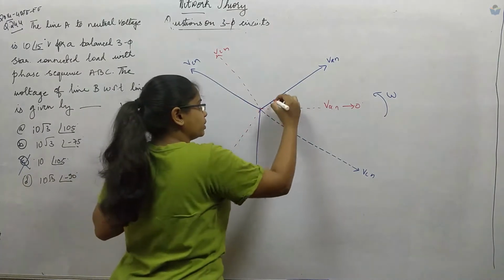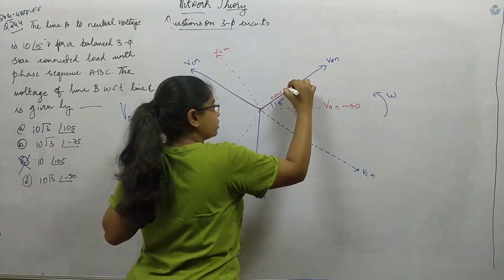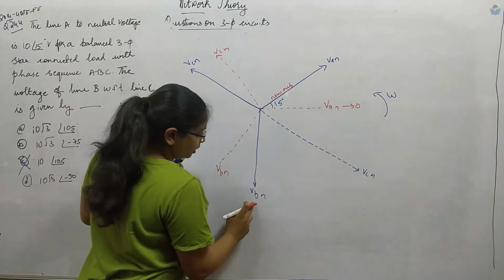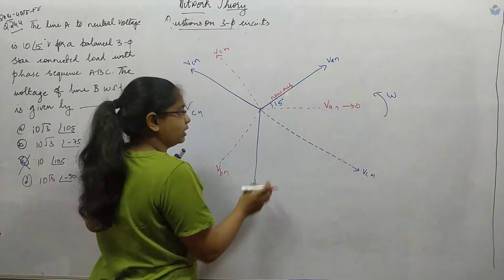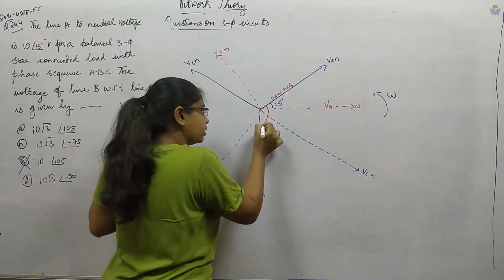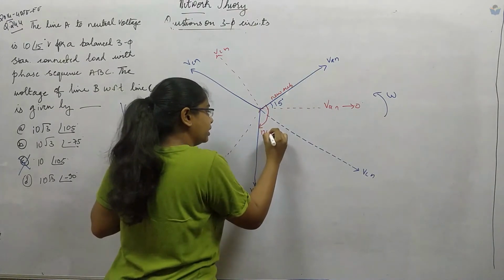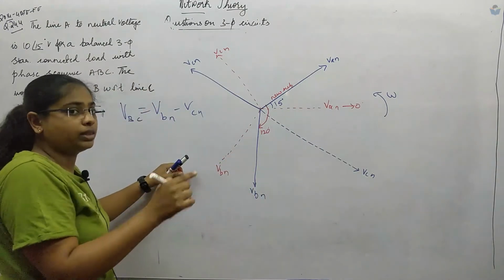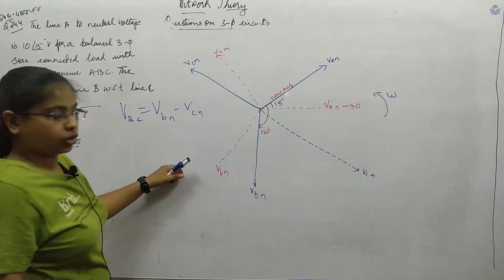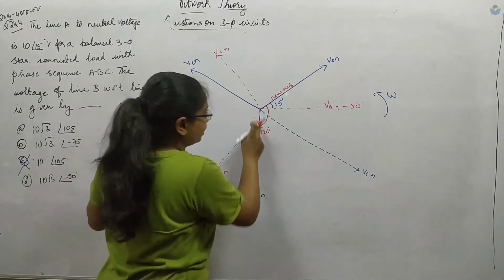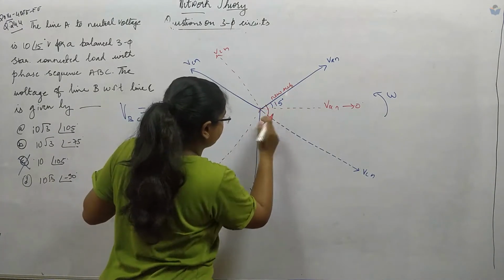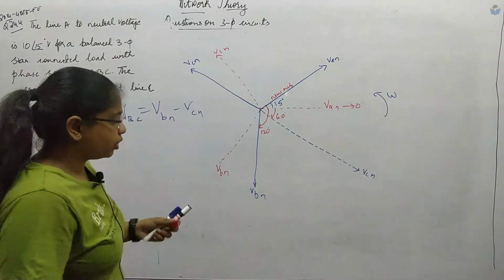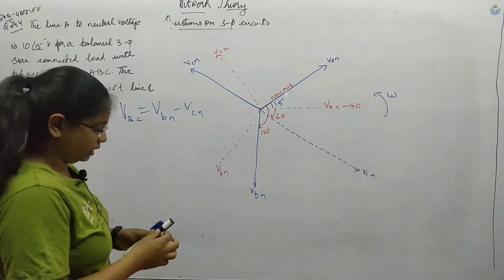This is our new reference, because it has been shifted by 15 degree. According to this, VBN is at minus 120 degree, right? So from here to here it is 120 degree, because it is still a positive phase sequence with balanced supply. Now when it is bisecting these two, this will be 60 degrees, right? Now we have to find VBC.